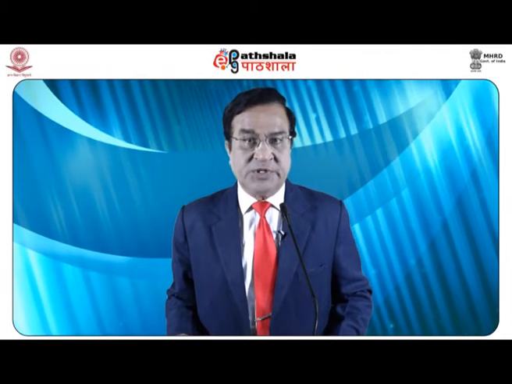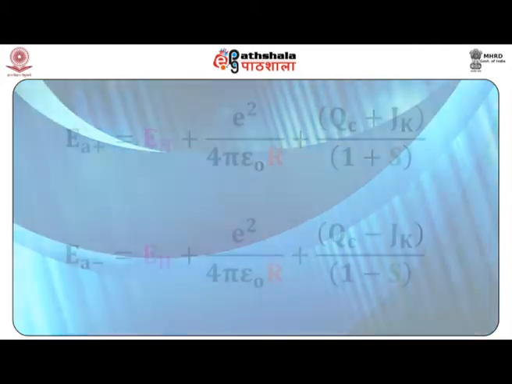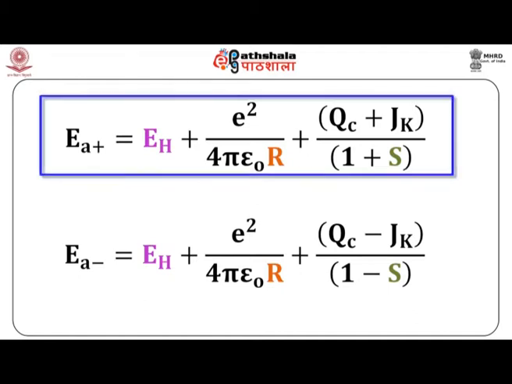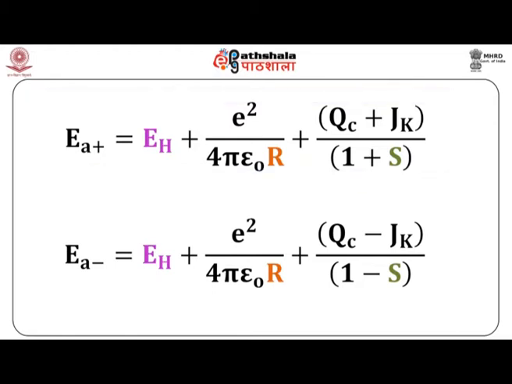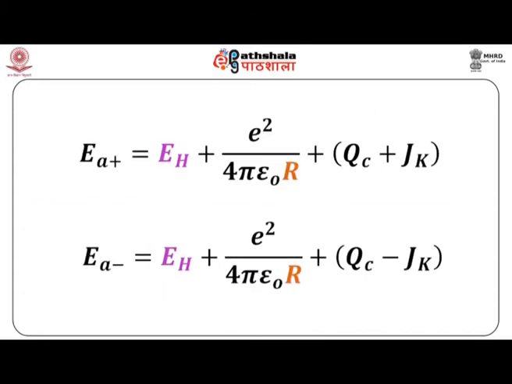If we now substitute these values of Q and J back in our energy expressions, EA plus becomes EH plus e square upon 4 pi epsilon 0 r plus QC plus JK divided by 1 plus S. And similarly, we have the expression for EA negative, and that is EH plus e square upon 4 pi epsilon 0 r plus QC minus JK divided by 1 minus S. These two energy values get further simplified if we assume S to be equal to 0.